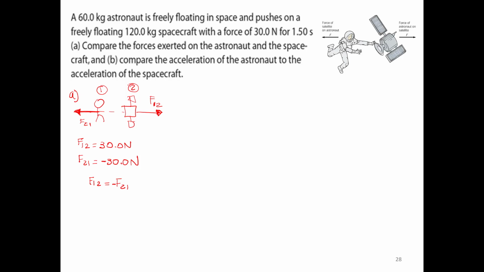Let's now try to solve part B of the problem. In part B, we had two systems: one is the astronaut and the other is the satellite. Because now we need to be careful, we had two masses, so we want to identify each piece of information in this way, so we don't get confused.